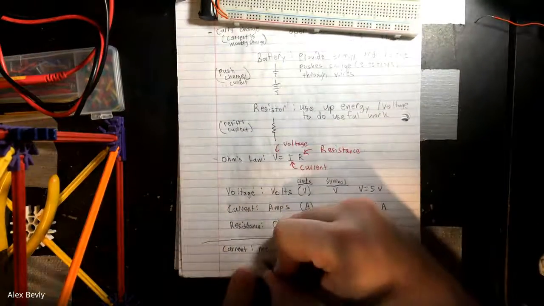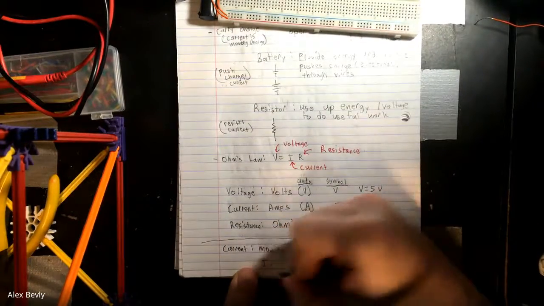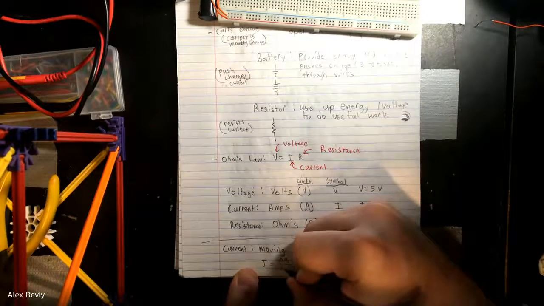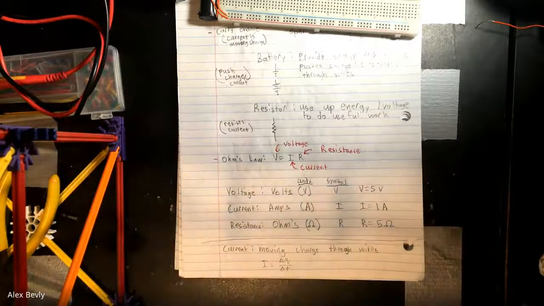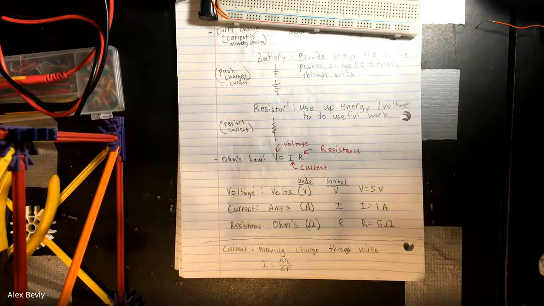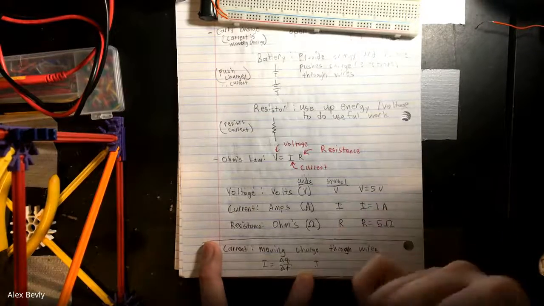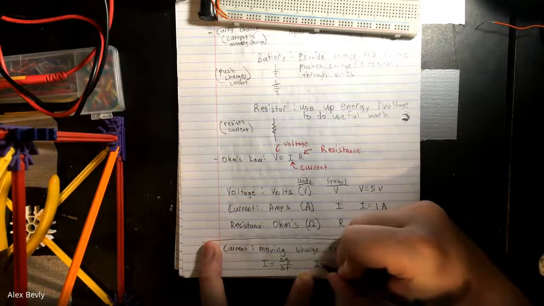Current is that moving charge through the wires. So current is also going to be defined as the amount of charge moving through the wire per time.